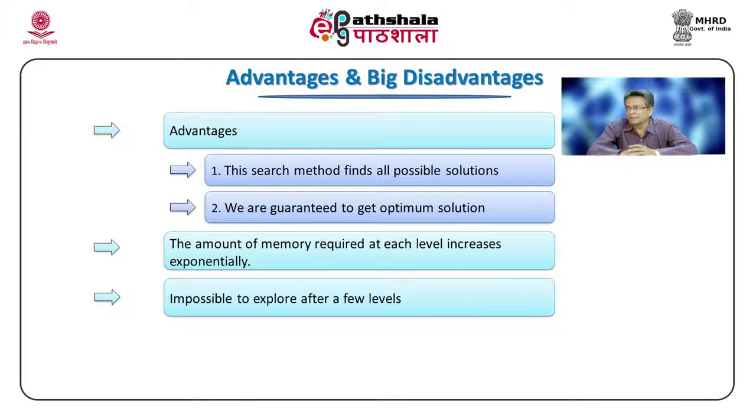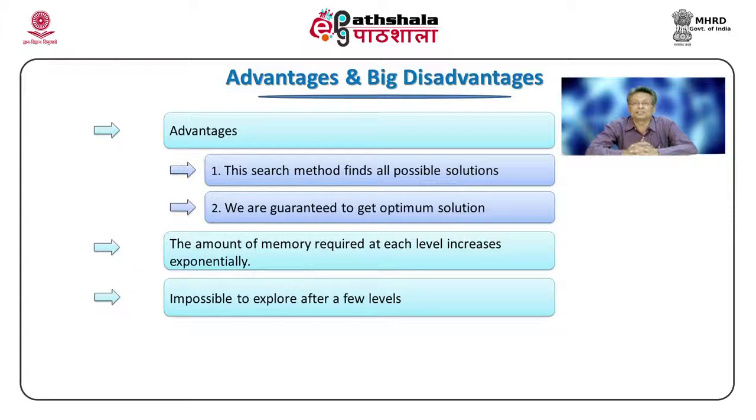Think of it. In the first level you have 1 node, second level you have 2, next level you have 4. In fact, every level you will be exploring one node more than the total number of nodes explored so far, even in the case of a binary tree. What if the branching factor, the average number of nodes from a given node, is higher?